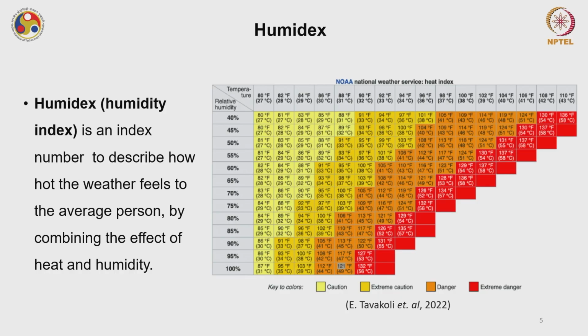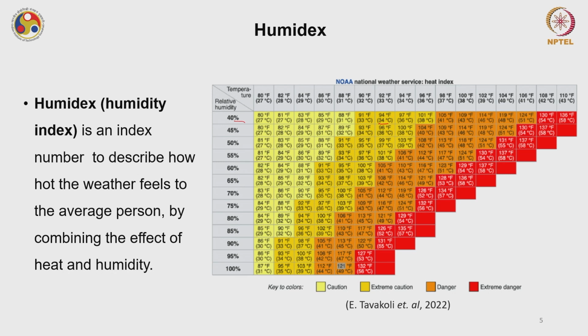If you see this NOAA National Weather Service heat index, say the relative humidity is 40% and the temperature is around 33 degrees Celsius, it will feel like 34 degrees Celsius. It becomes even more distinguishable when the humidity is very high.